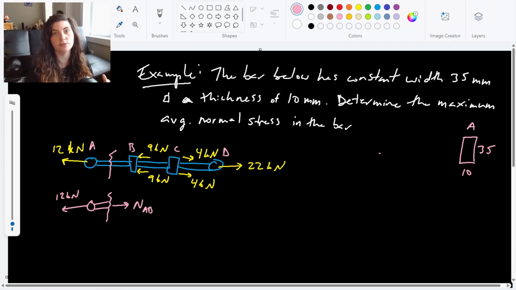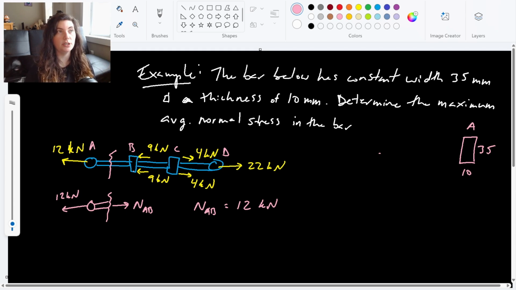Just a super basic free body diagram splitting between A and B. I can find that this normal force between A and B is going to be 12 kilonewtons, right? Again, it's applying the equilibrium equations, but we can really just see by inspection that if it's 12 kilonewtons one way, equal and opposite has to be 12 kilonewtons the other way.